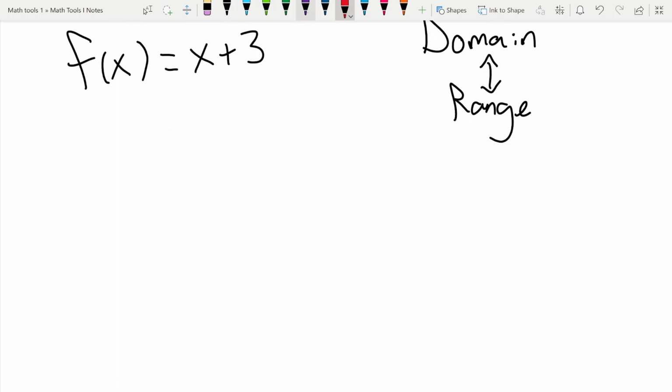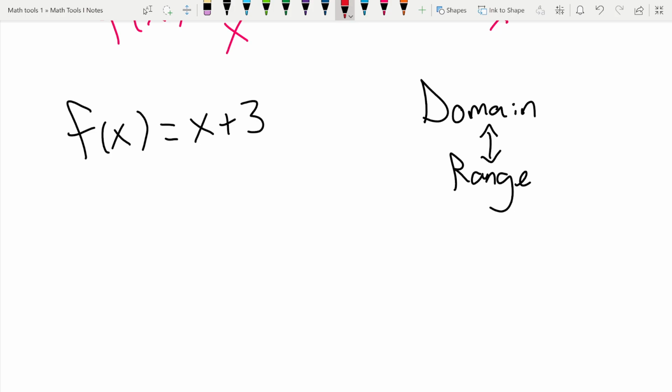So what I mean by that is that we will take this. Remember, this is really y equals x plus 3. We just use the function notation. So for f inverse, the notation gets a little bit weird here. What we're going to do is we're going to flip these around.